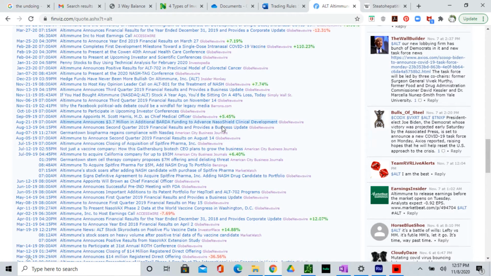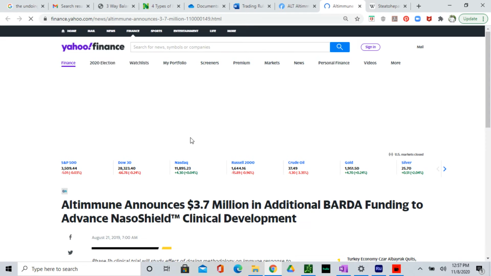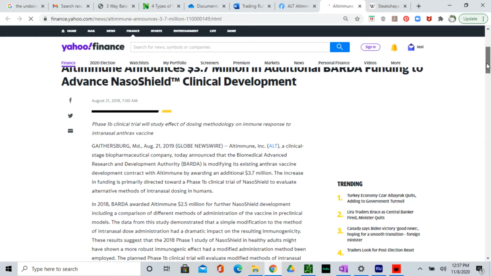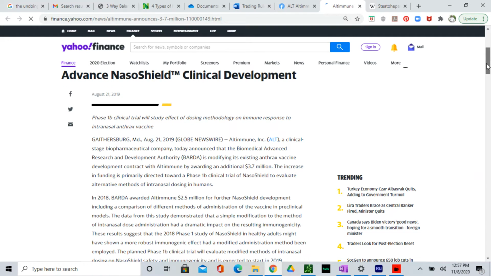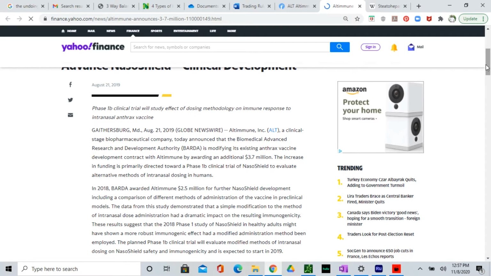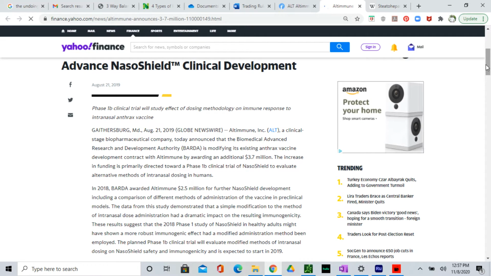BARDA is an agency that helps with biomedical advanced research, right? So they tend to give out money. This is not the first time they've given out money. I think they gave out money to a school. I think it was like BCRA, or no, that's BRCA.